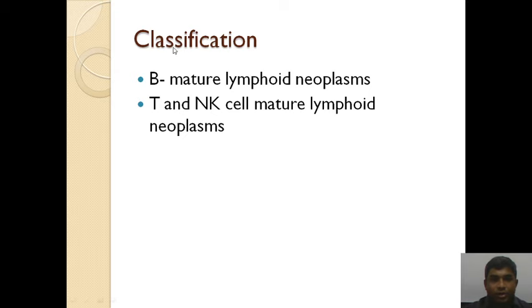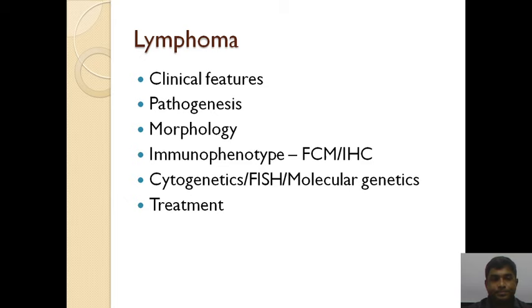As we just saw, the broad classification includes two lineages: B mature lymphocytes, the neoplasms of which are called B mature lymphoid neoplasms, and T and NK cells, and the neoplasms arising from them are called T and NK cell mature lymphoid neoplasms. In each category we will look at the clinical features, the basic pathogenesis, and the morphology of the cells, both in peripheral blood and bone marrow, and also in the bone marrow biopsy.